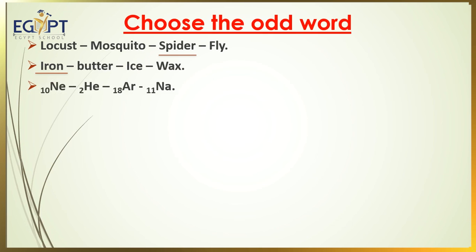Neon, helium, argon, sodium. As we know, neon, helium, and argon are noble gases, inactive elements, while sodium is an active element. Amoeba, clover, euglena, paramecium.